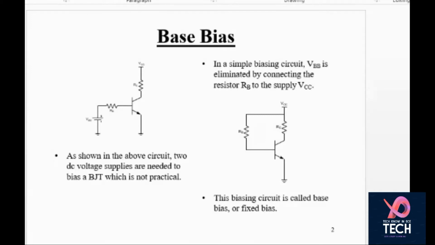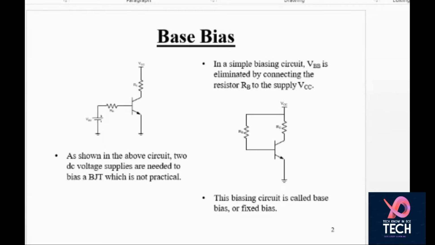Suppose you want to design a fixed bias circuit. I ask you people to design a fixed bias circuit. Then what you have to do is find the value of base current. And from where will you find the value of base current? You will find the base current from the characteristics, the voltage transfer characteristics.